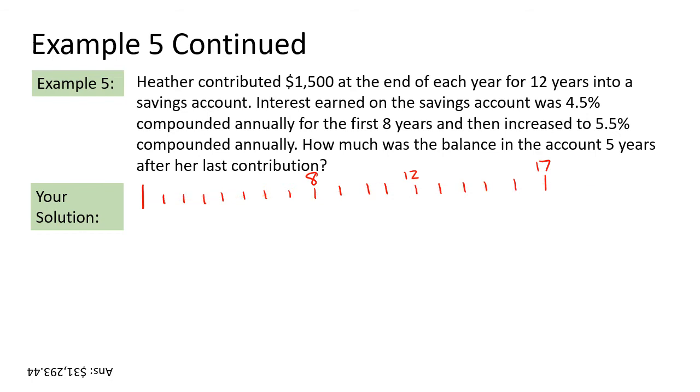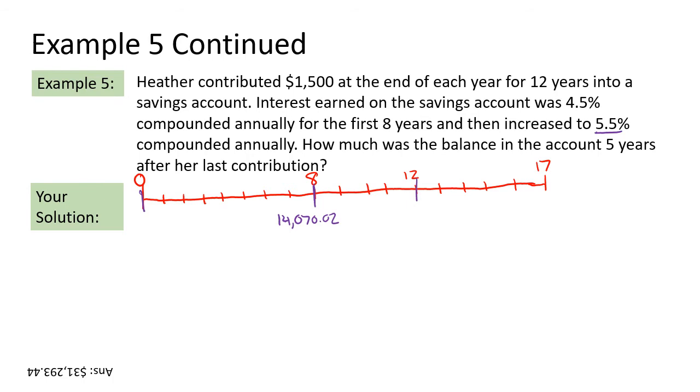I drew this line a little too long, let me fix it. So we have found at year 8 this first piece of the annuity, which was $14,070.02. Now we need to find the second piece: for the next 4 years, how much that is worth, given the new interest rate of 5.5%.